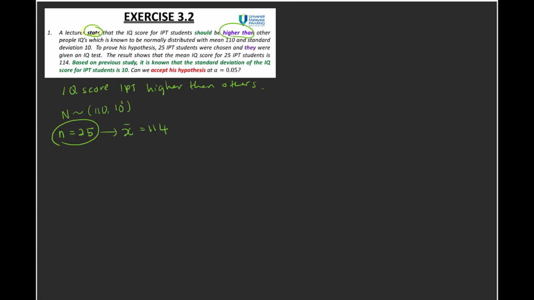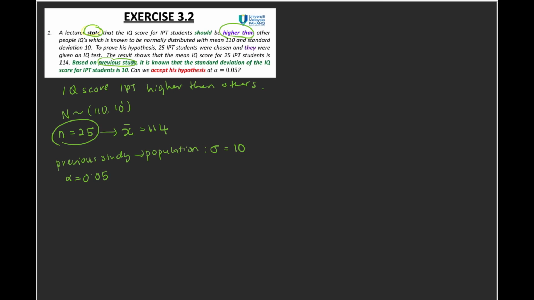Okay, based on previous study. So previous study is the population. So previous study is known that the standard deviation, so the population standard deviation sigma is equal to 10. Can we accept his hypothesis at alpha 0.05?